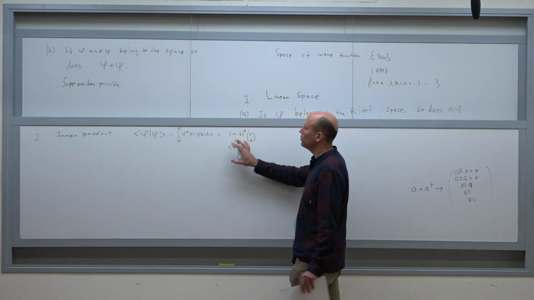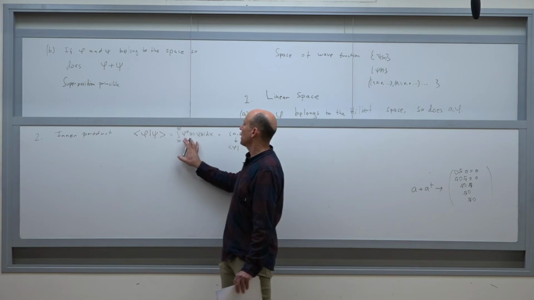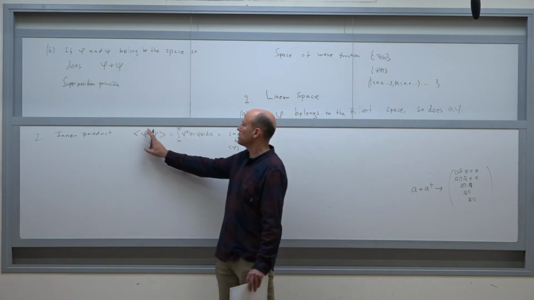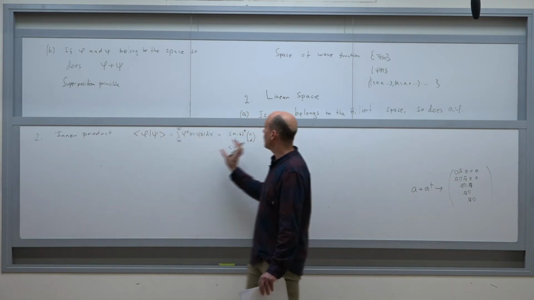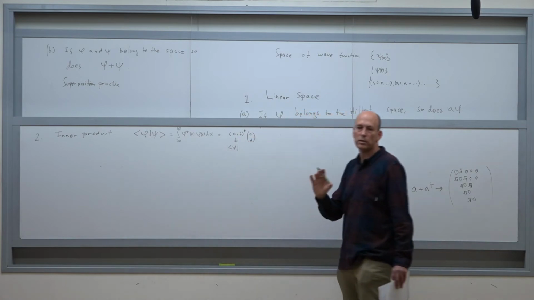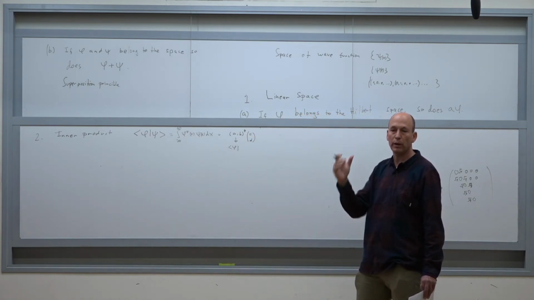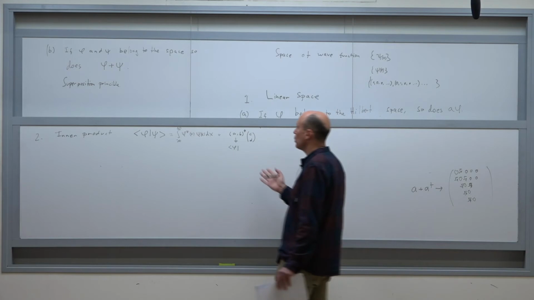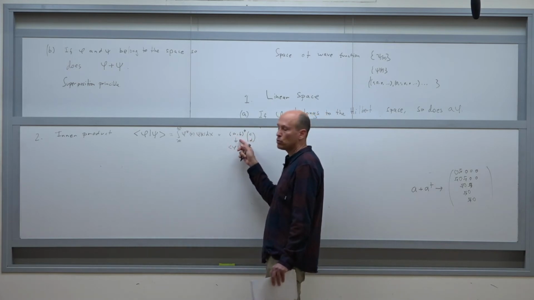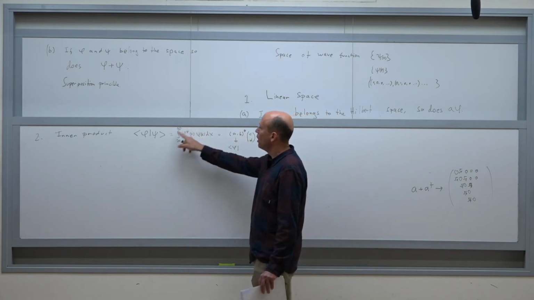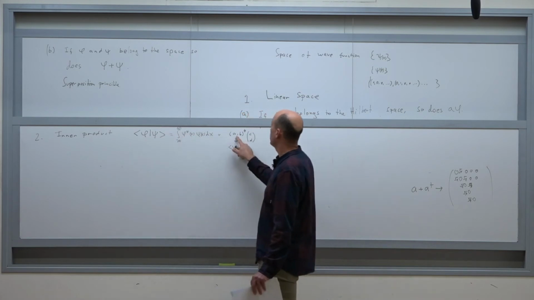If I think about this not as an integration over space but as a vector, here I have a two-state system. A two-state system will eventually correspond to a spin. This is also in Hilbert space, so it has only two components. And here I explain what I mean by this product.